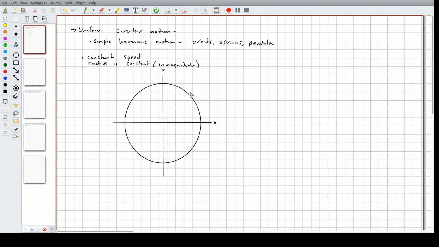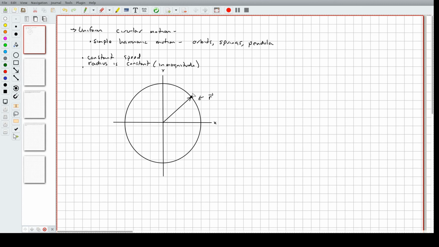Maybe you have a rock being swung around on a string, or a close to circular orbit, something like that. And you would locate the orbit using a radius vector. So this would be r vector, like that.